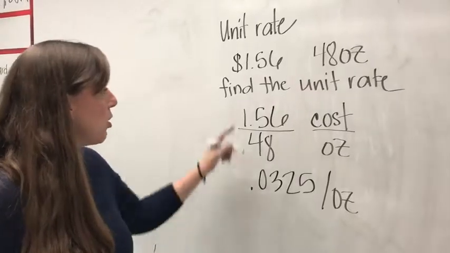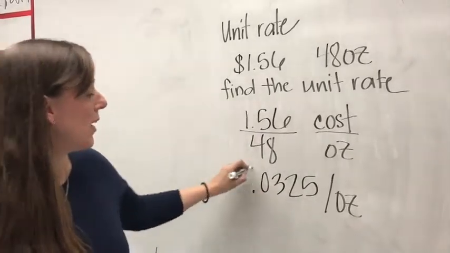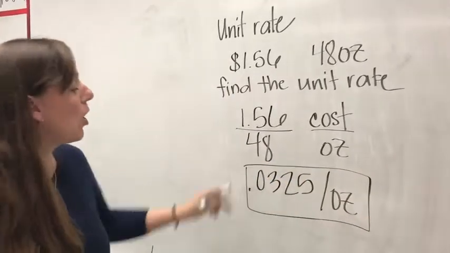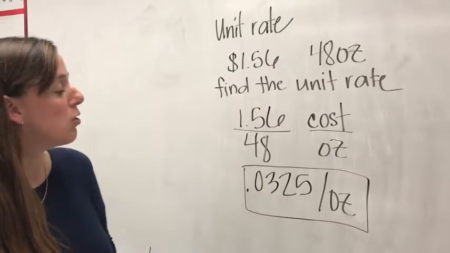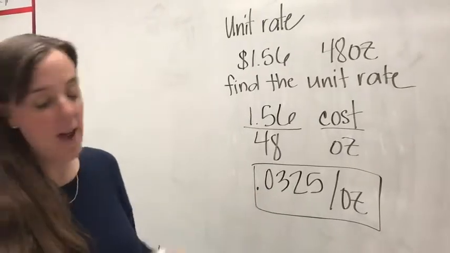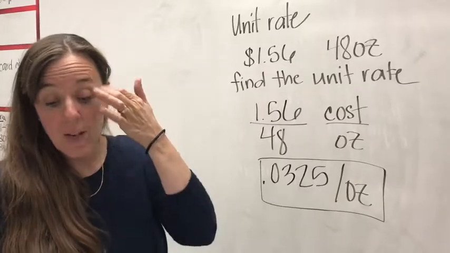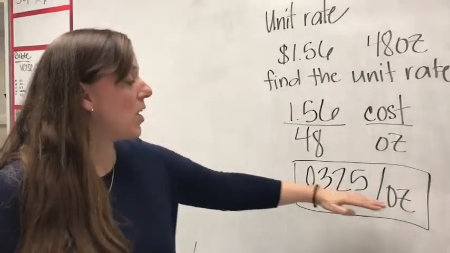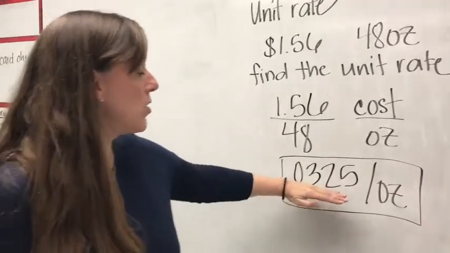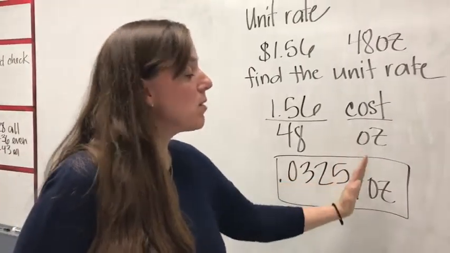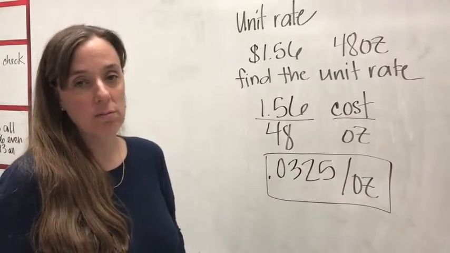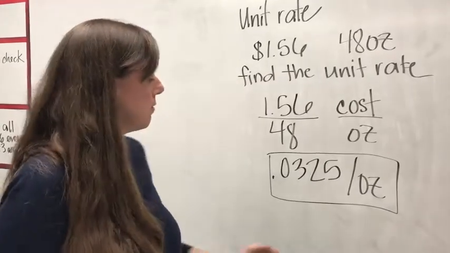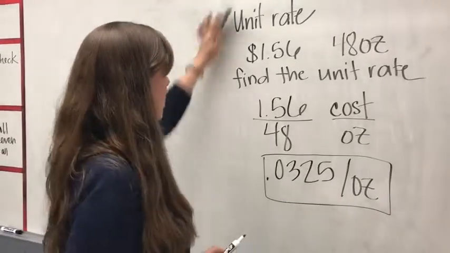So the unit rate is 0.0325 cents per ounce. And we said earlier that a unit rate has a denominator of 1. So this is this many cents per 1 ounce, all right?